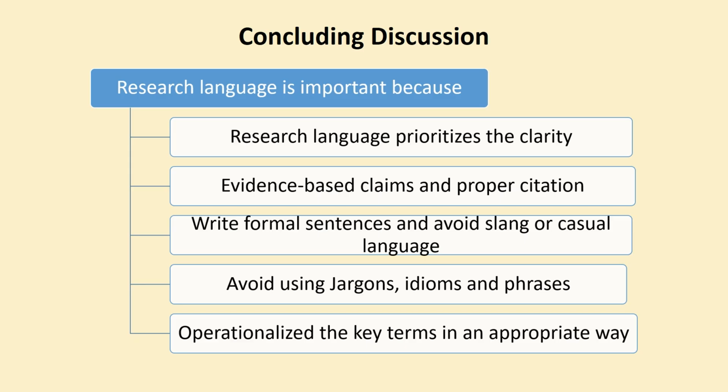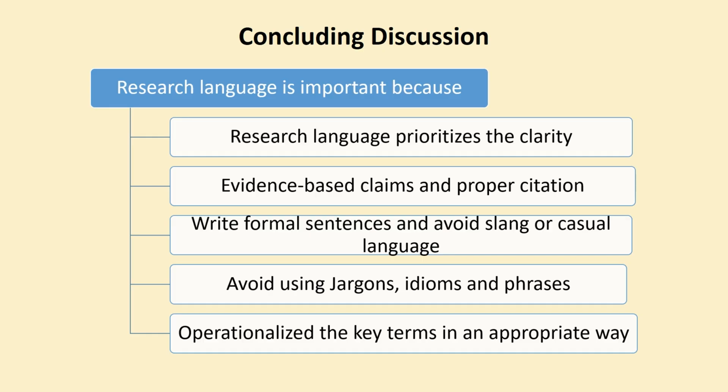Next is evidence-based claim and proper citation. Very important. In research, never write anything only by your thoughts or your beliefs. Go with evidence-based claims and proper citation: this I found there, and according to these studies I found these things, which may be supporting your research.